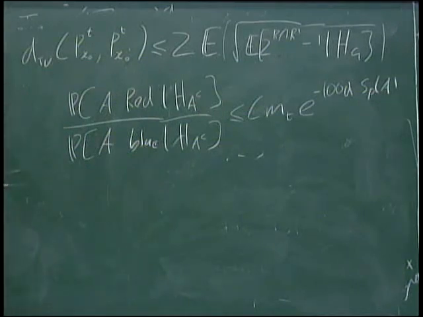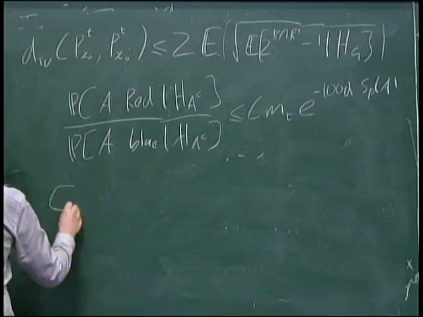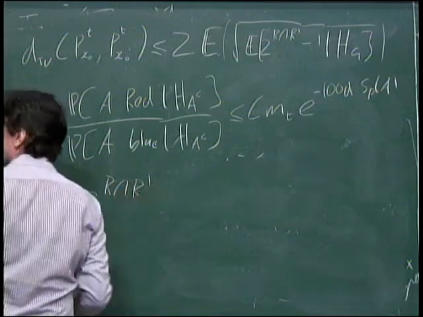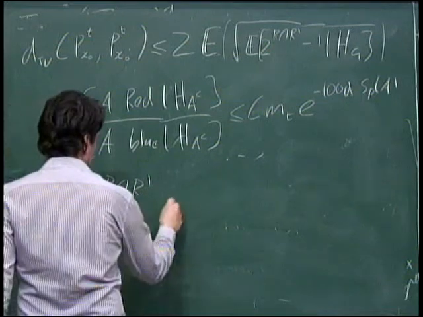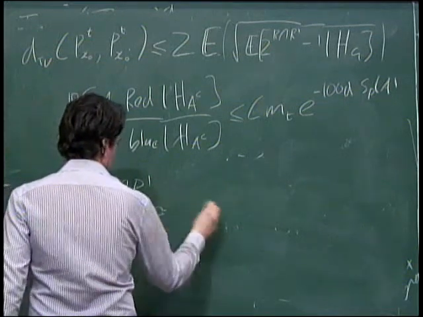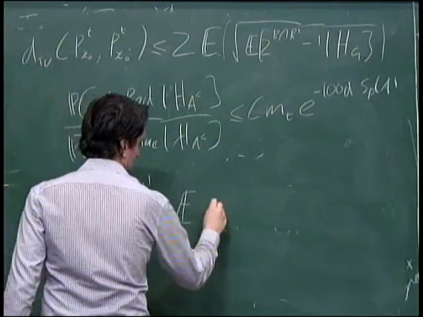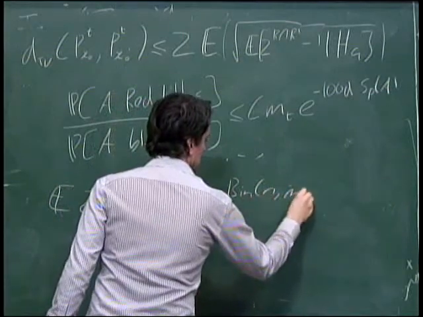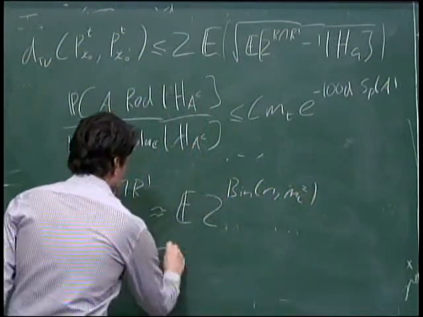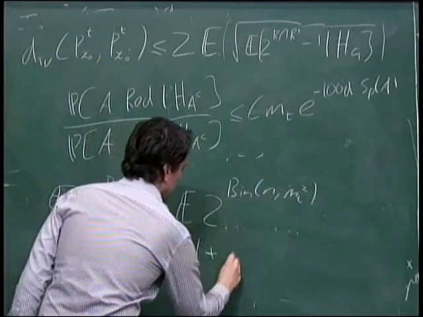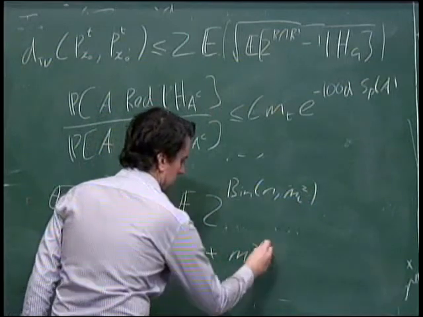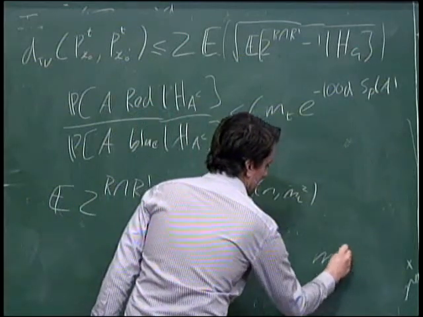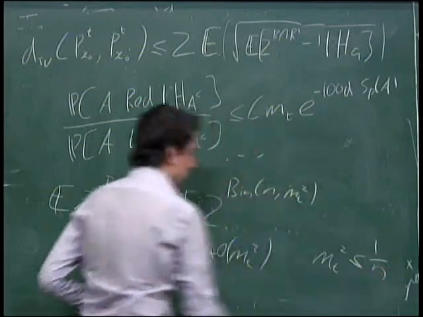So very roughly, we'd get the expected value of 2 to the binomial n mt squared, which is roughly 1 plus mt squared, or order of mt squared, as long as mt squared is less than or equal to 1 on n.